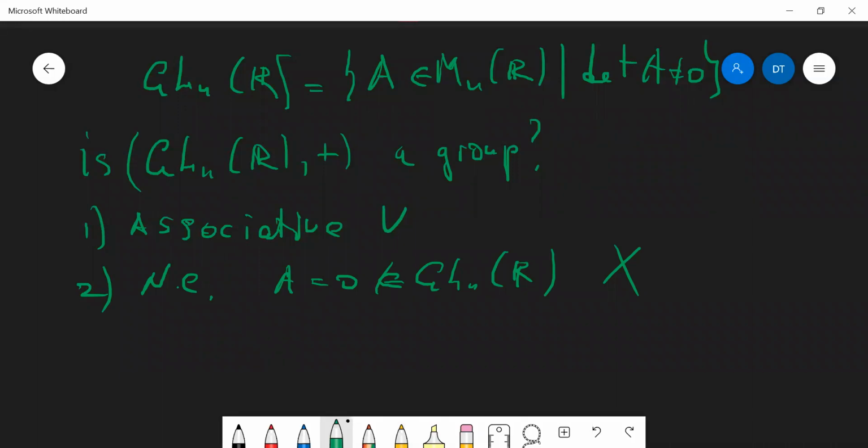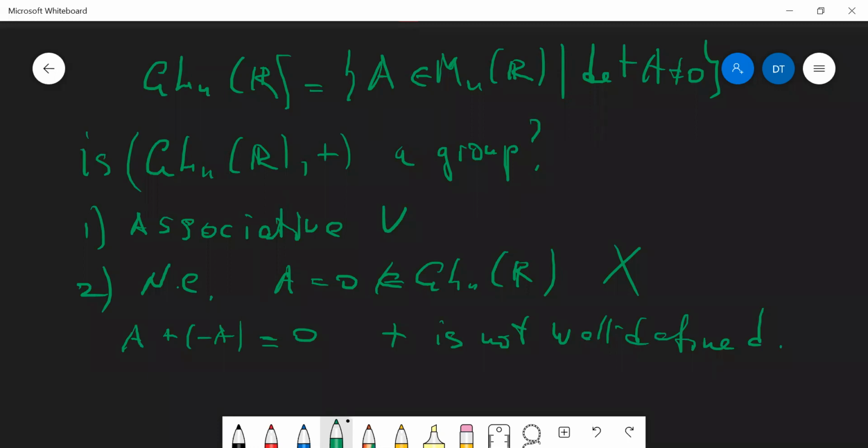Also, the addition is not a well-defined operation here. If you take a matrix A, which is non-degenerate, and you add it to minus A, you will get 0, which is a degenerate matrix. So the addition is not well-defined. You see, that was a trap here.